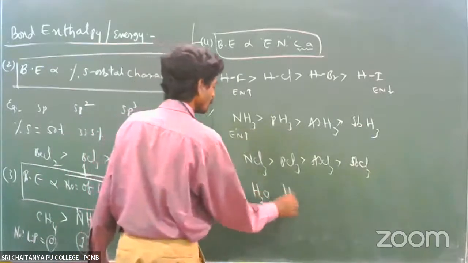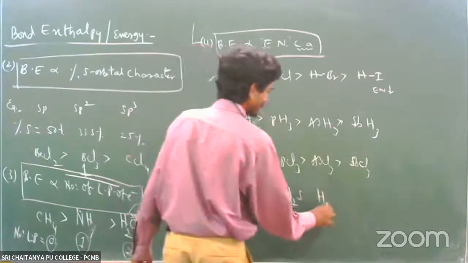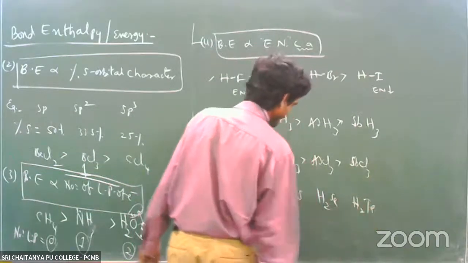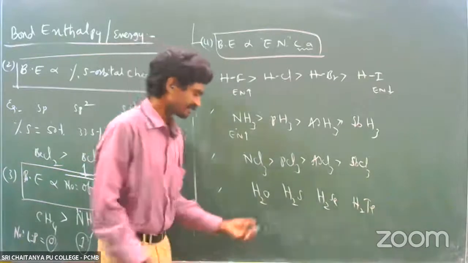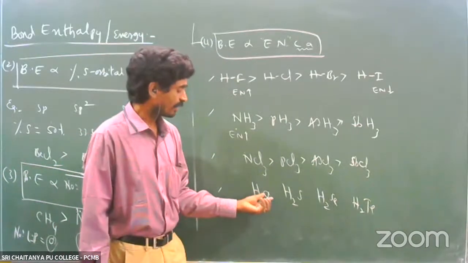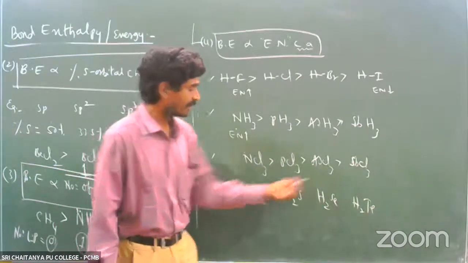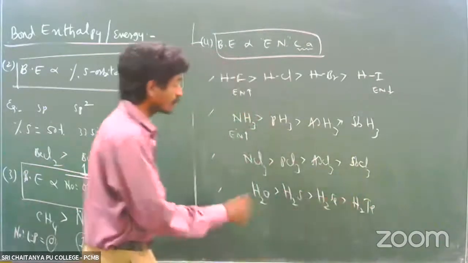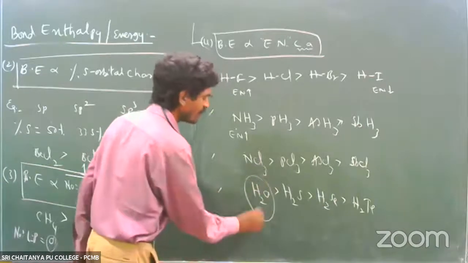Next, one more example. Take H2O, H2S, H2Se and H2Te. What happened here? The electronegativity of oxygen is more and that of the others is very less. That's why it is very high. And that too, H2O forms hydrogen bonds.